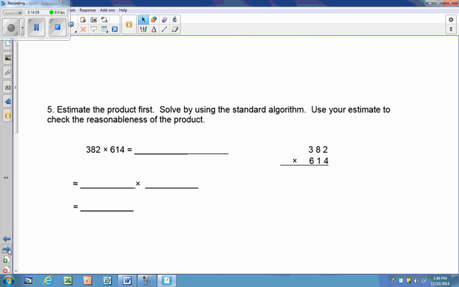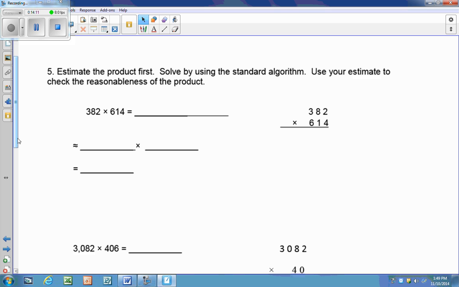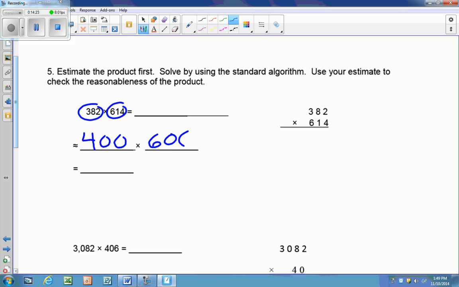Next, I'm going to estimate the product first and then solve by using the standard algorithm and check if my answers make sense. So I'm going to start by estimating. This rounds to 400. This rounds to 600. And when I estimate that all out, I get 24 and the 4 zeros back in.